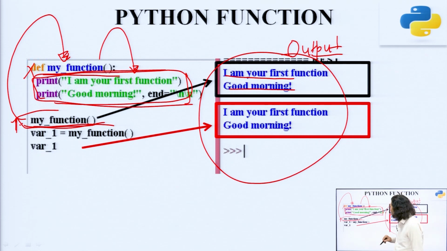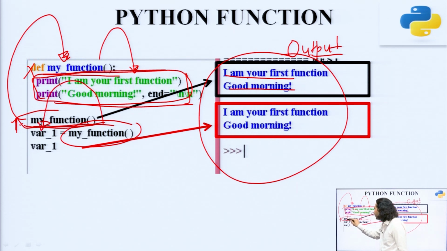Here you need to note that my function is creating an alias of variable 1. So, variable 1 is referring to it as an alias. Right now the variable name is variable 1, or you can say it is my function.